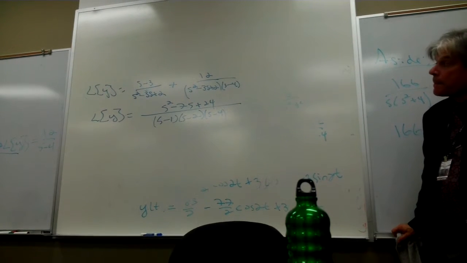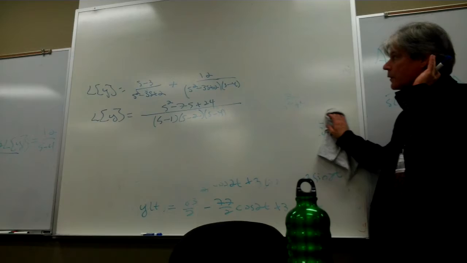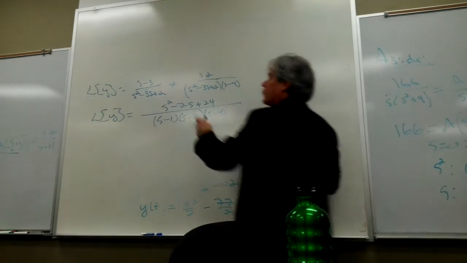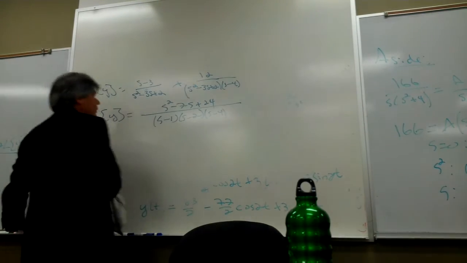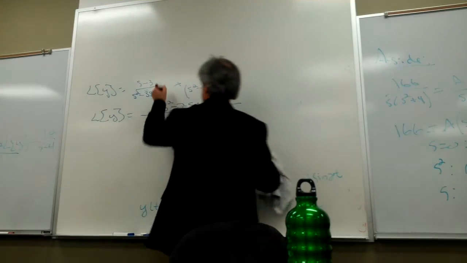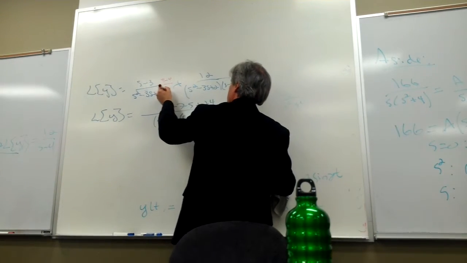Would you multiply the top in order to combine? I really did this. With my red pen, I merely multiplied top and bottom of the first fraction by an s minus 4.